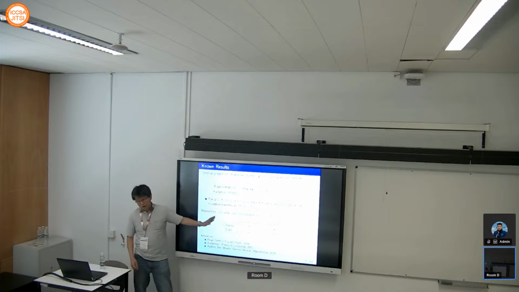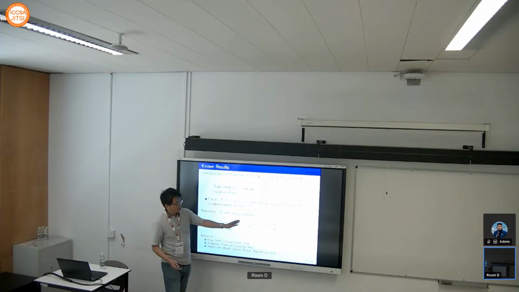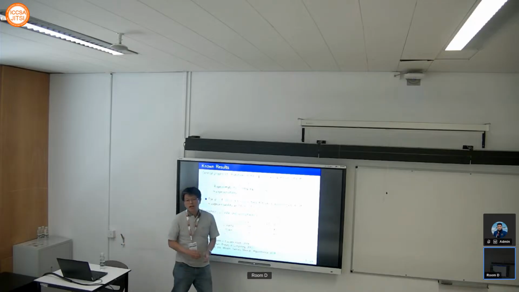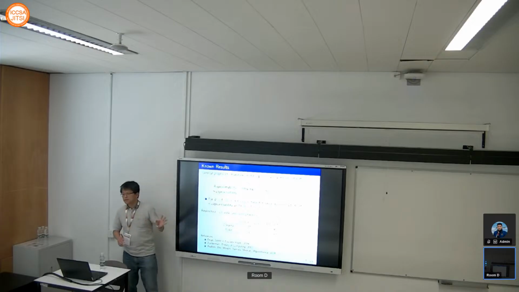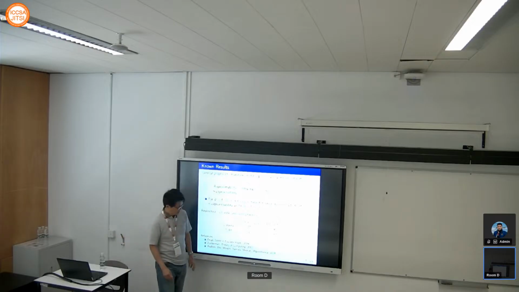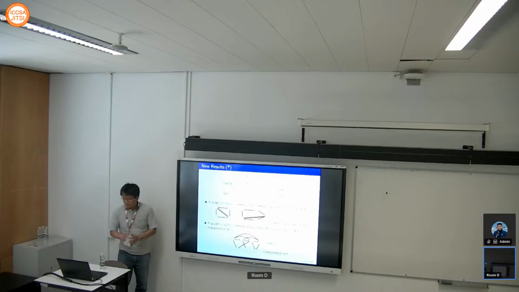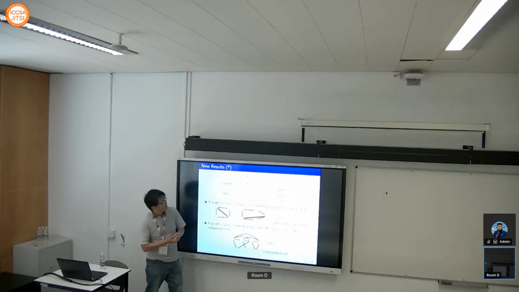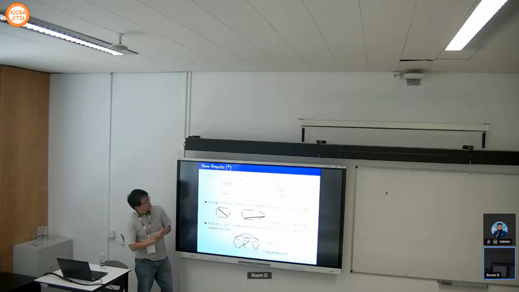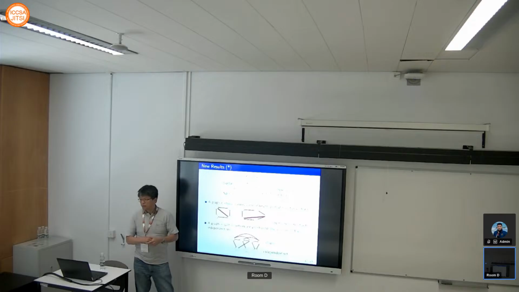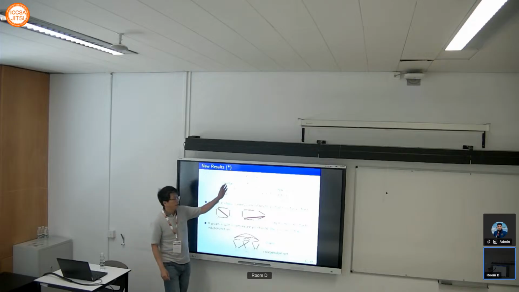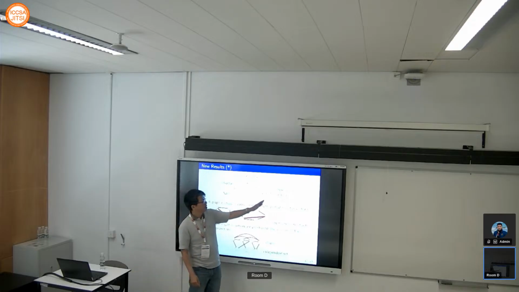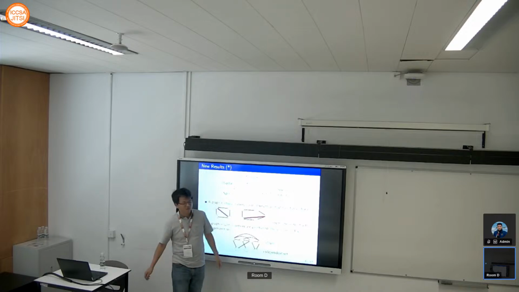So for max clique, it is known that it is polynomial time solvable for chordal graphs and split graphs. But for max 2-clique, it's unknown. So this time we tried to fill this table. Then we obtained these results. We designed a cube root of n approximation algorithm for chordal graphs, and for split graphs we showed n to the 1/3 minus epsilon inapproximability.